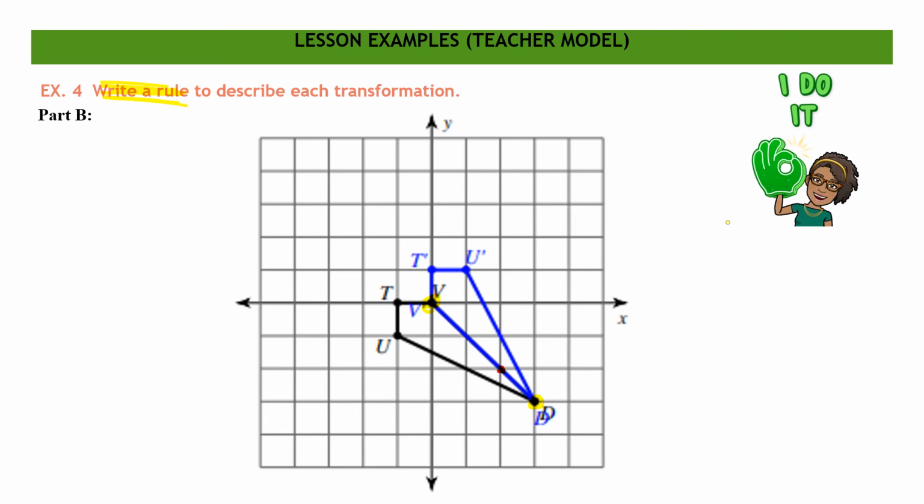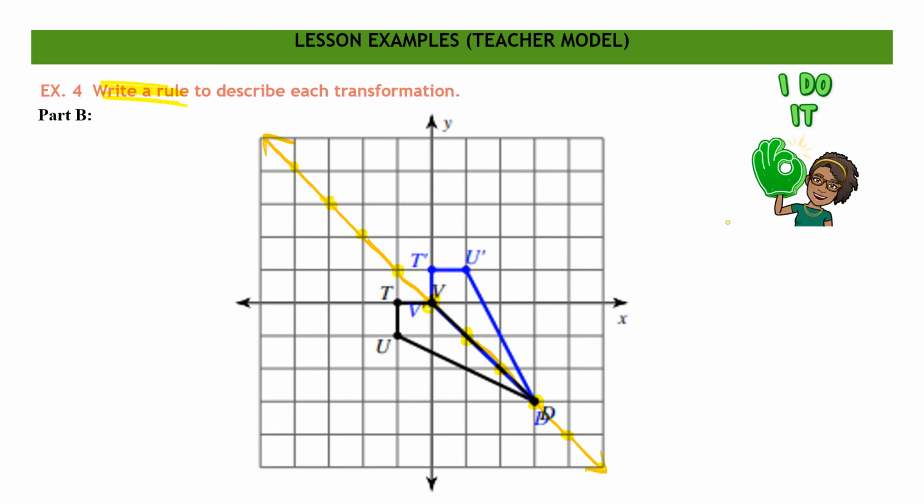I can already mark some points that could possibly be on the line of reflection. I'm going to highlight those points here, and I see that it's creating this line here. Let me highlight this line.